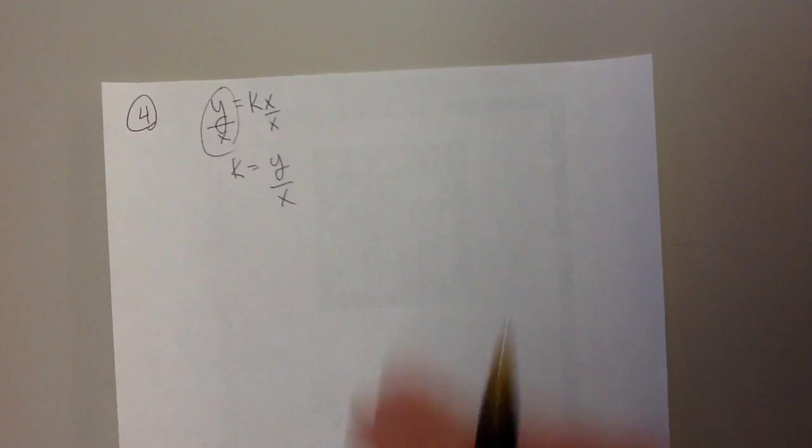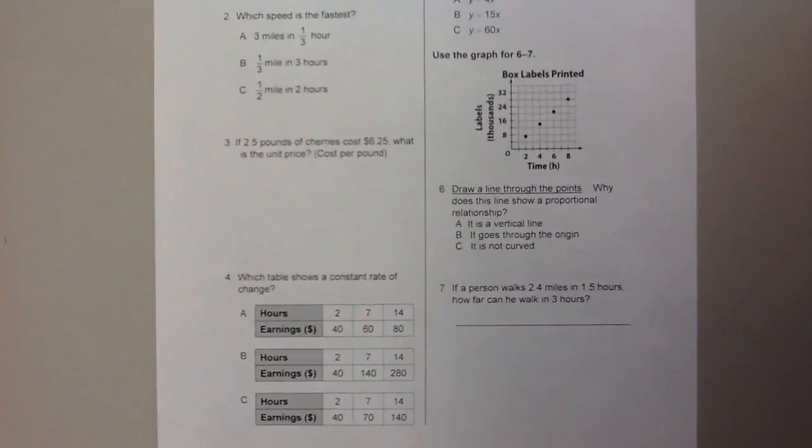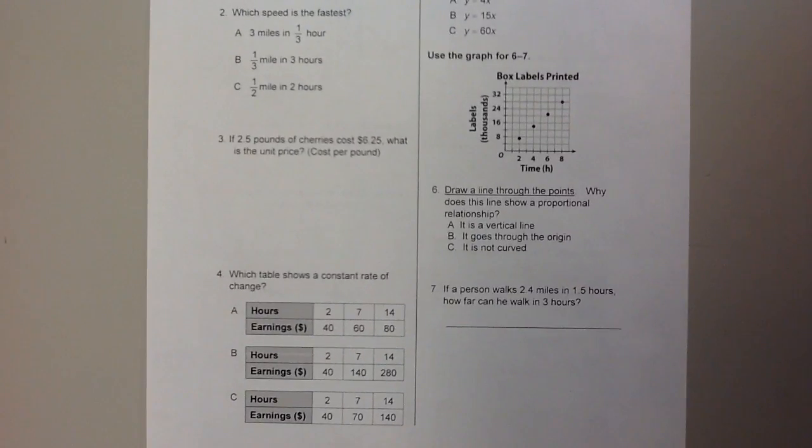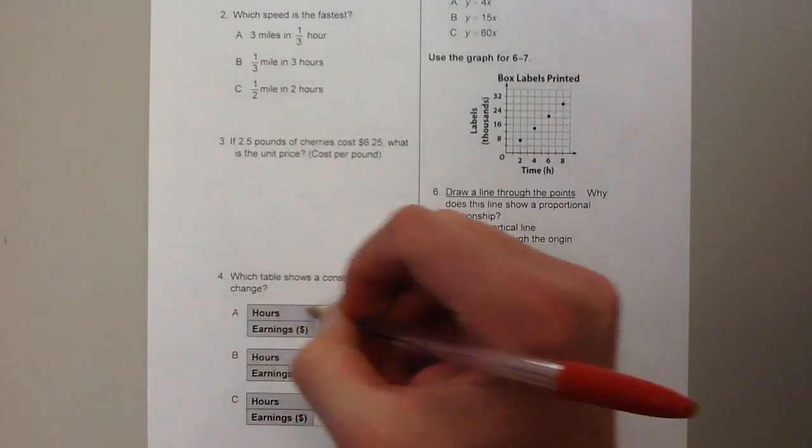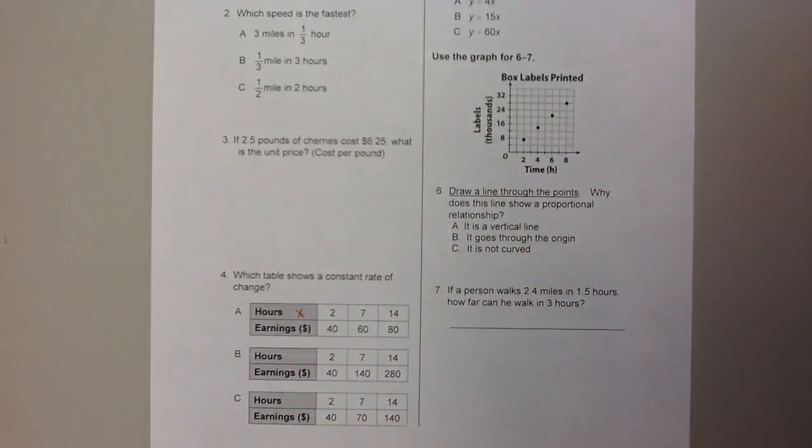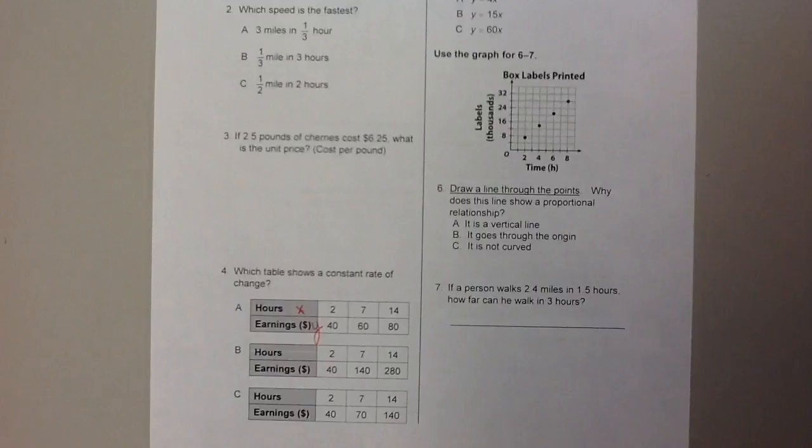All right, so we'll go back to the original worksheet here, and let's let hours be x, and we're going to let the earnings or the money be y. Okay, so hours are x, earning is y. And what we're going to do is divide y by x, and if we get the same answer, then we know that that table has a constant rate of change.